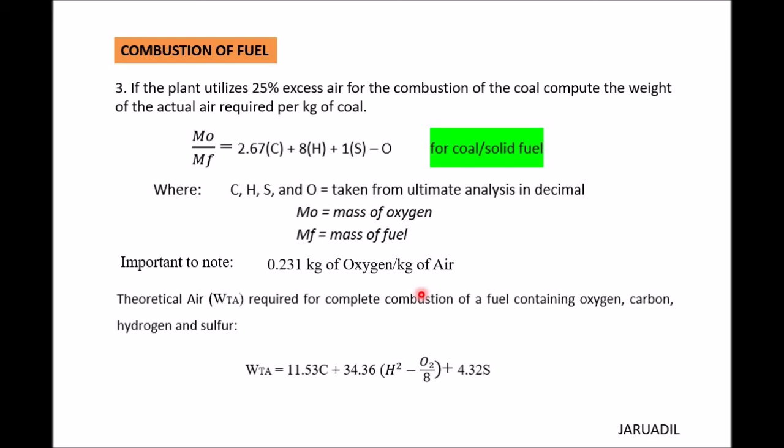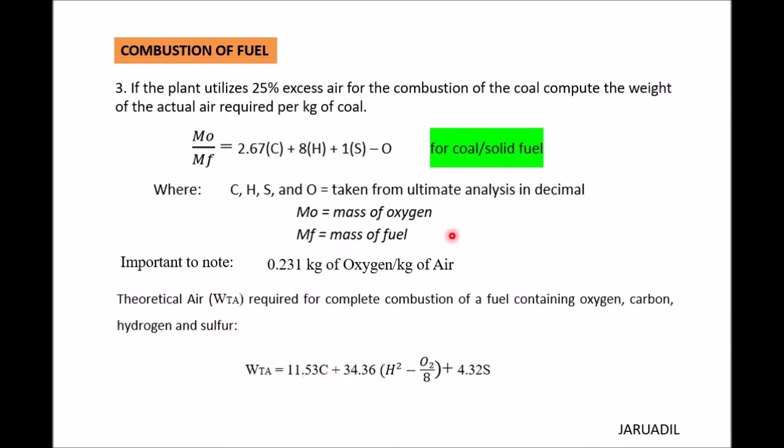Number 3, if the plant utilizes 25% excess air for the combustion of the coal, compute the weight of the actual air required per kilogram of coal. So we are computing here the weight of theoretical air muna. Then we will compute for the weight of actual air. We will use this one, which is derived from this one.